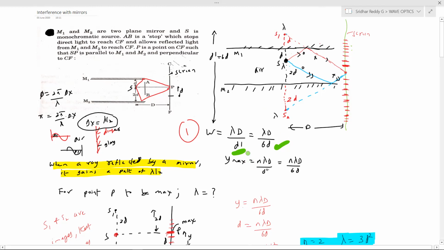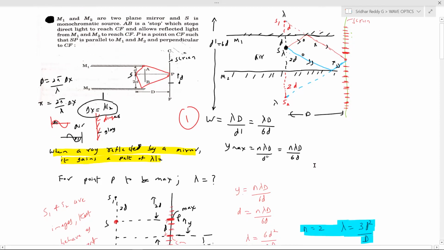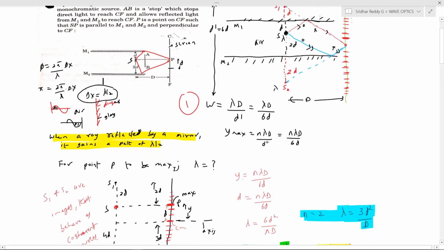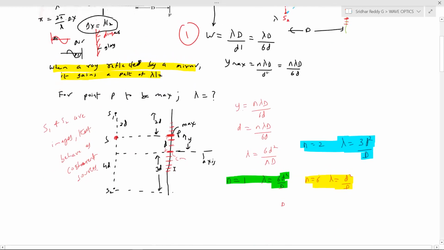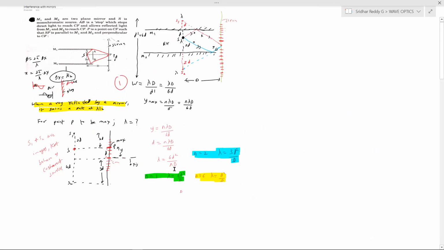Now, come to this one. For point P to be maxima, what should be the wavelength of the light is what is being asked. At what distance is the point P? It is at a distance D, as indicated in the diagram. You can see from here. Let me bring this so you can see things clearly.